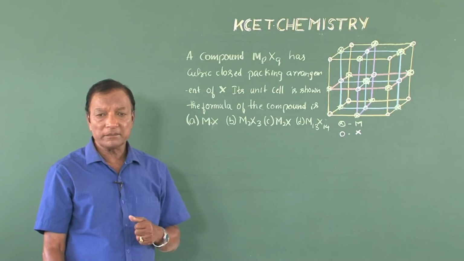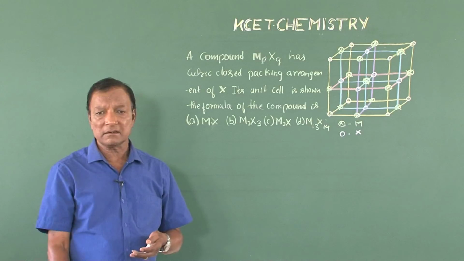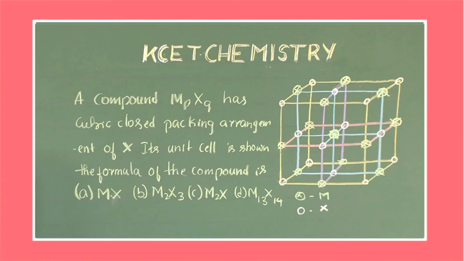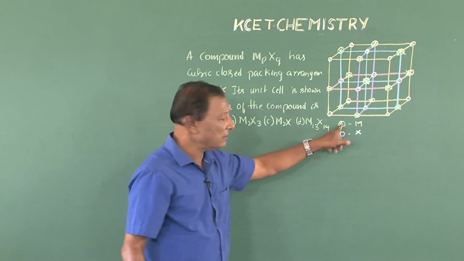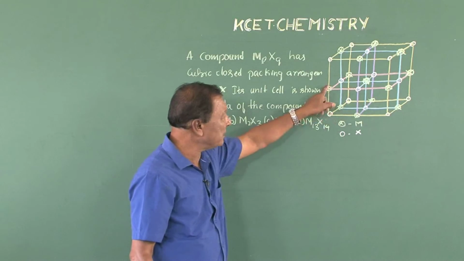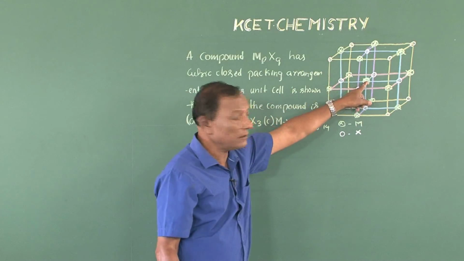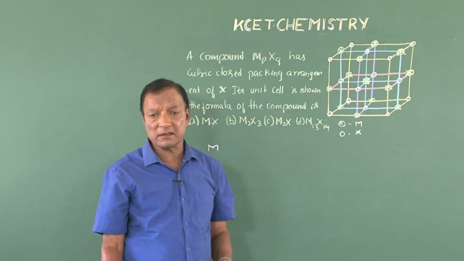Now look, to get the formula and the proportion of M and X, we can do it in a very simple manner. Identify the lattice points and identify their number. Going for the M, the lattice points, that is the cross marks, are seen at the edge centers and also at the center of the unit cell.